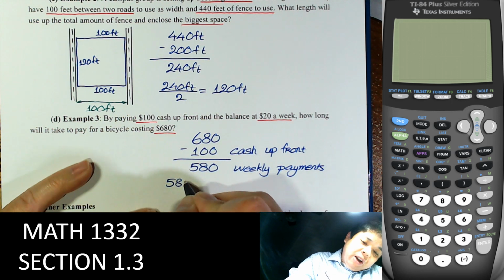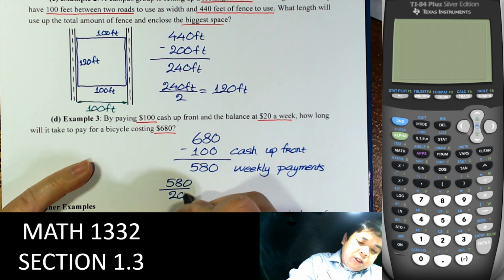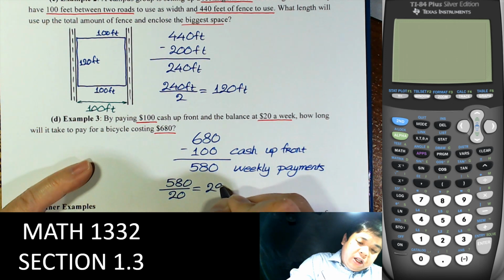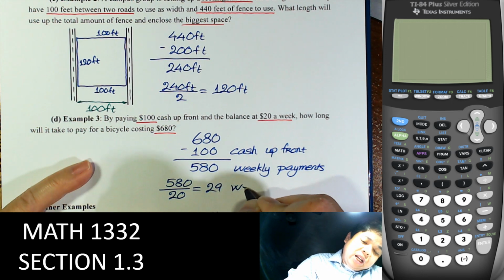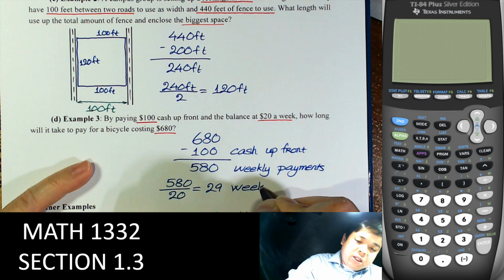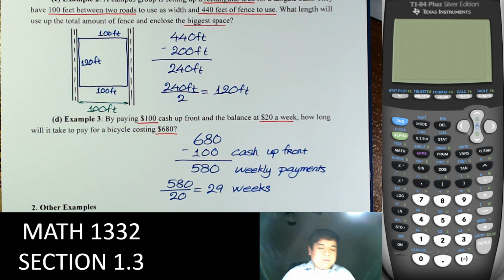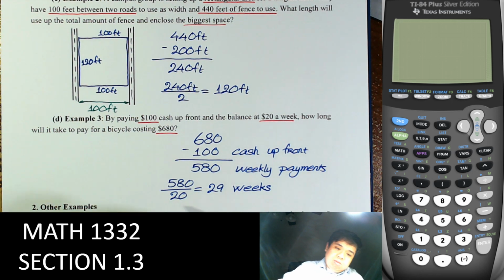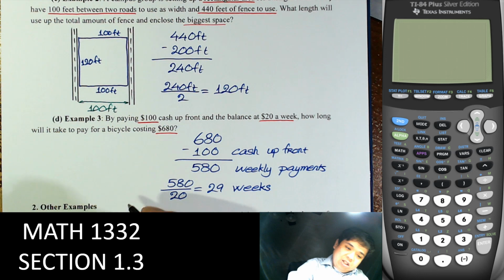And if we divide that by 20, that's 29, and so we tax 29 weeks. Right, just like that. And that makes sense if we check the math. 29 weeks times 20 plus... Let's just check here.